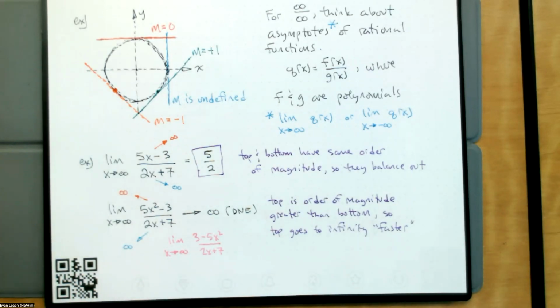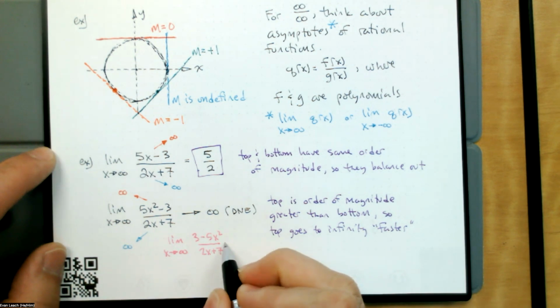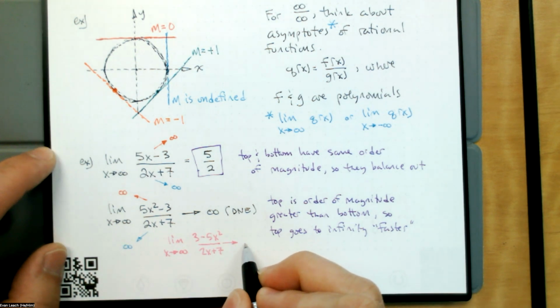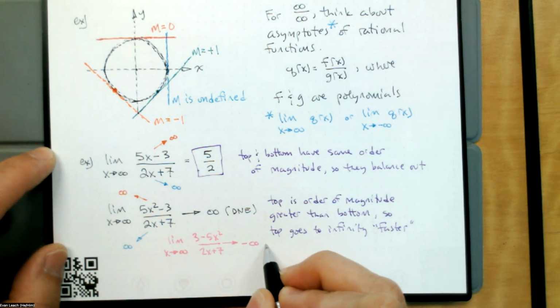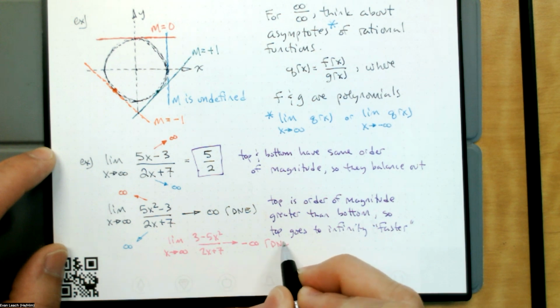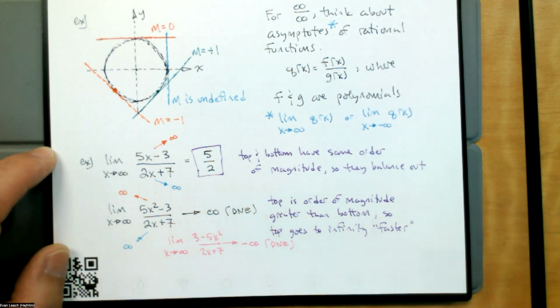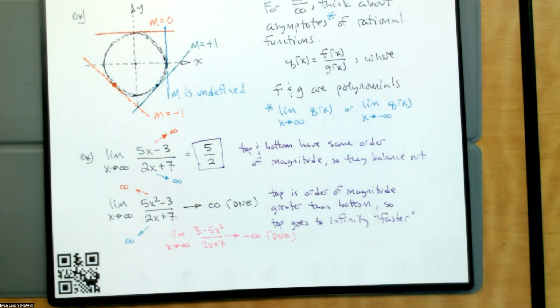Most importantly, the limit still doesn't exist because this value is headed towards negative infinity. But since we played an Uno reverse card on the top, we're going to negative infinity instead of positive infinity. In either case, the limit doesn't exist. We're just being descriptive about how it doesn't exist.